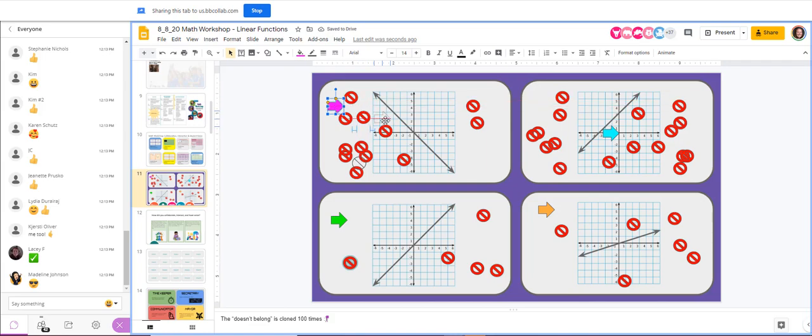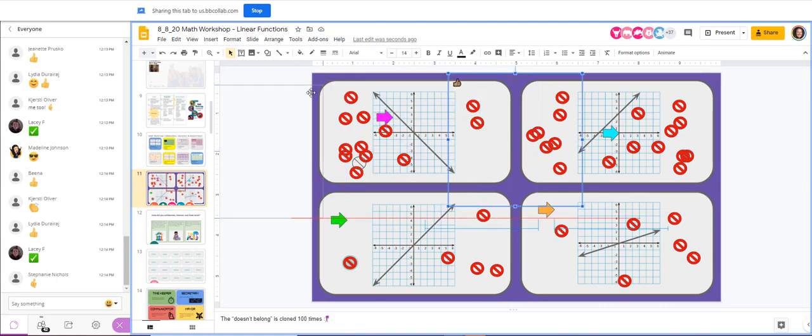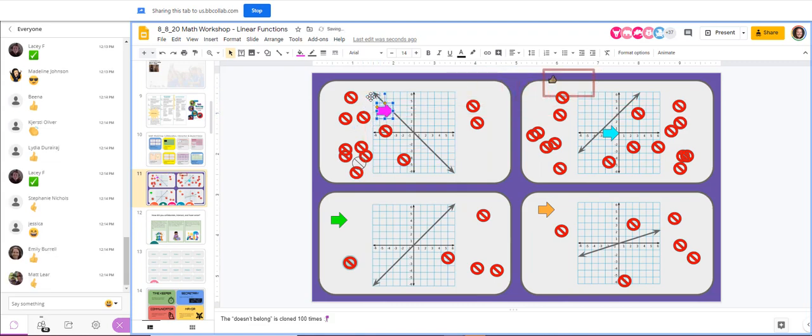And Lee, can you tell us what a negative slope means and how could I see that on this picture? Well, in this picture, it would mean that as you read the graph from left to right, it's going down. So if you read it in this direction, it's going down.